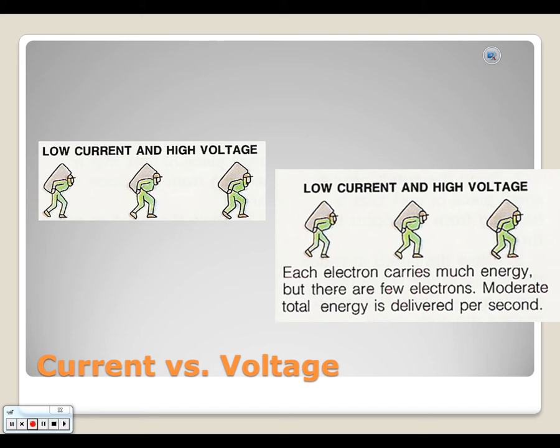It just won't have as many electrons to do it. Now that doesn't necessarily mean you can replace this battery with this battery, because certain things require less current but more voltage to work. But overall, you might get the same amount of energy.